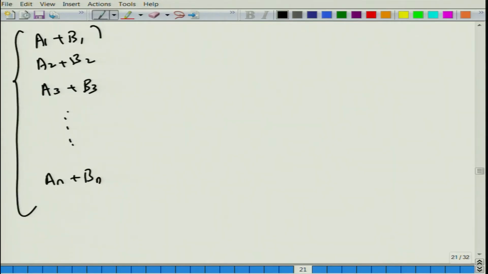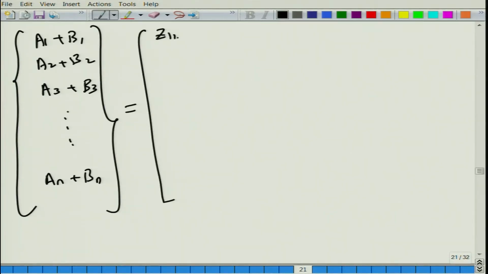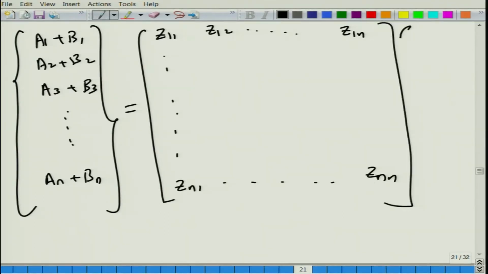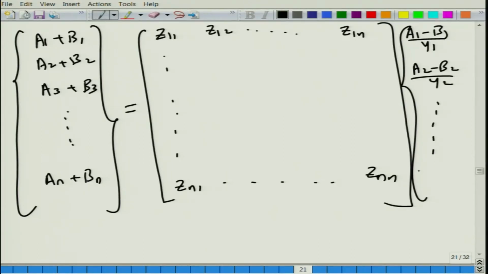Okay. We can do that, and this is your Z11, Z12 and Z1n, and this will become your Zn1 and Znn. And for the mass velocities, mind you, going back to the definition, they are A1 minus B1 by Y1, A2 minus B2 by Y2 and AN minus BN by YN. The Y's are the characteristic admittances of the ports.